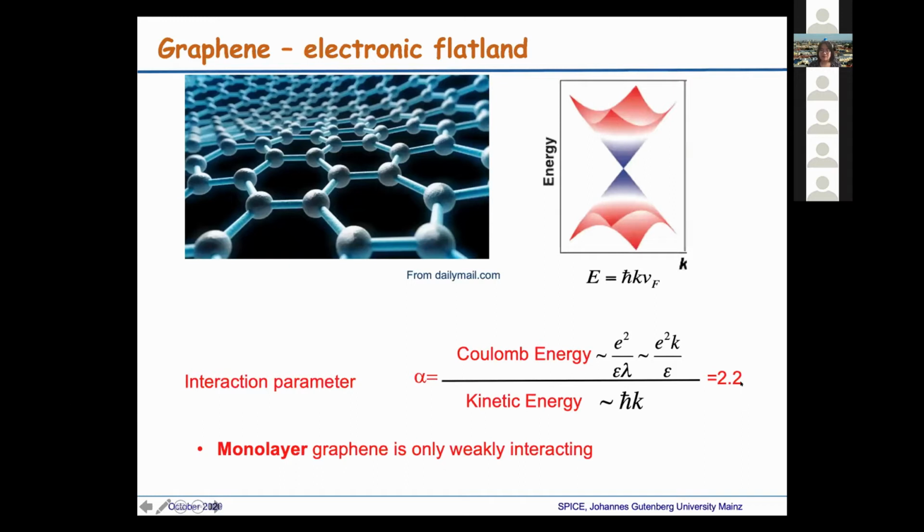And the worst thing is that because of the linear dispersion relation, this interaction parameter is a constant and does not depend on charge density. So we cannot get to higher interactions by going to lower density, and monolayer graphene is only weakly interacting.